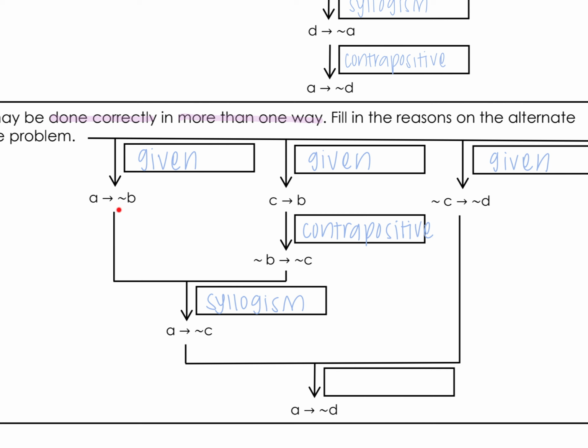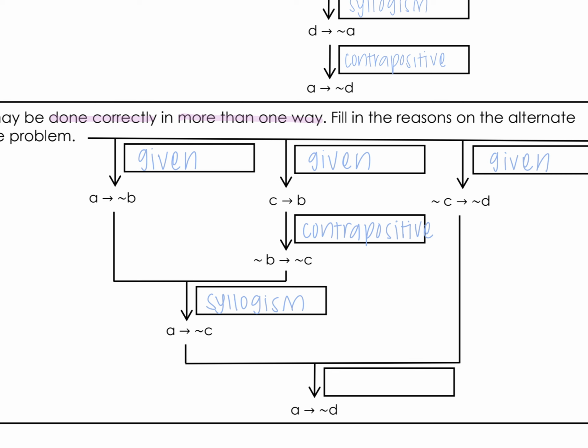So I'm connecting this given here to this one so that I can get that letter C, which will actually turn into a not C, which I need to connect to that given to get to the D. Okay. Which with these, it just comes with practicing it so that you can see those patterns, see where you want to go with it.